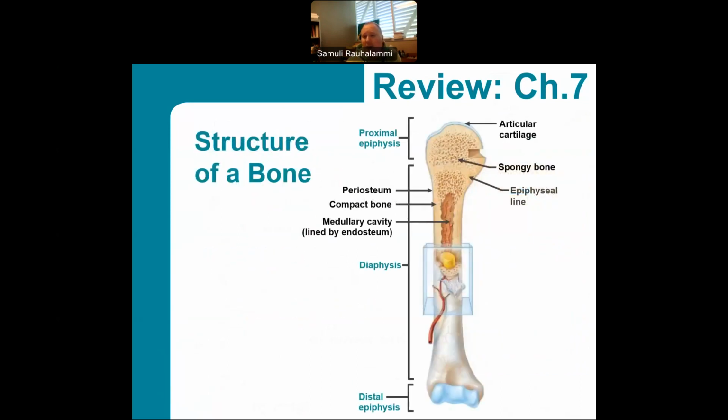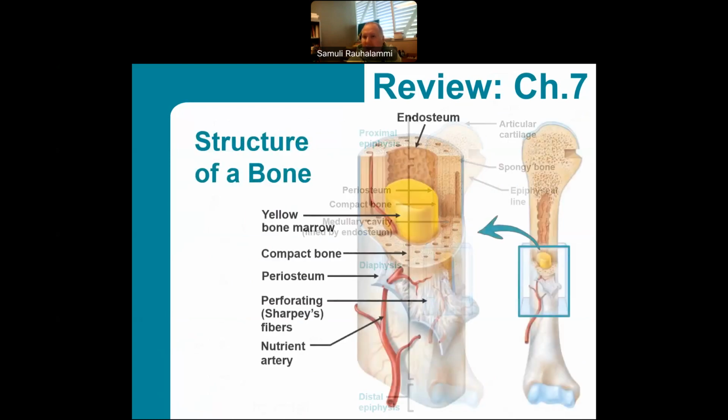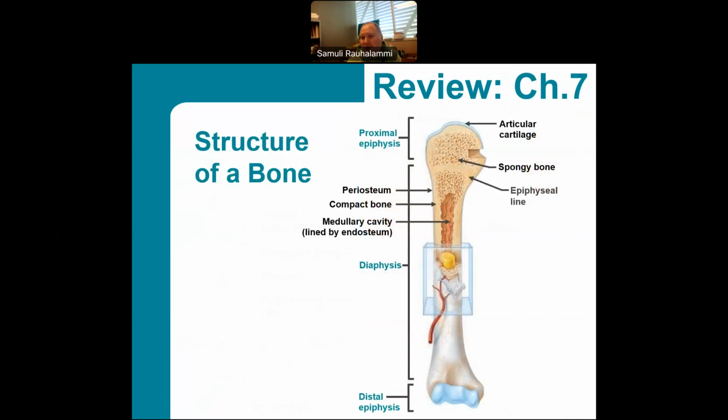When we look at a long bone, we can look at different portions of it. The epiphyses are the ends, so we're going to have a proximal epiphysis and a distal epiphysis. And then the main part of the long bone is the diaphysis. We can see a few other structures on this: articular cartilages at the ends of the bones, preventing bone from rubbing against bone, especially at the joints.